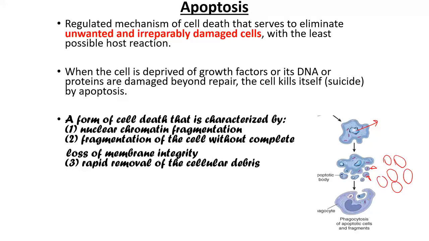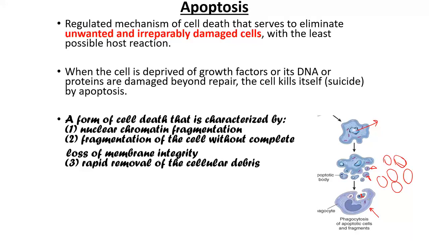We just transform this cell into smaller particle-like parts, but each of them is surrounded by an intact cell membrane. And then we have the rapid removal, phagocytosis, of this apoptotic body or cellular debris by phagocytic cells and adjacent cells. So you are going to get rid of the cell very quickly.